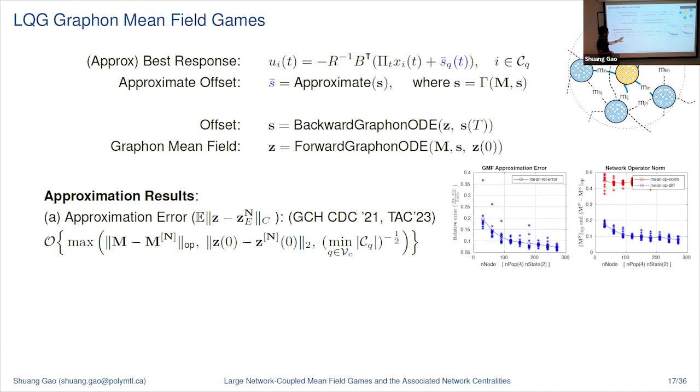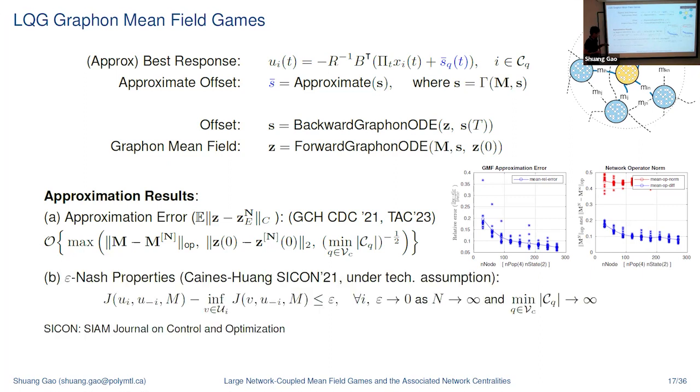The first term is the difference between the limit object, graphon, and the finite network in the operator norm. The second term is the difference between the initial conditions for the limit equation and the finite equation. And the last term is 1 over square root of the population size, the minimum population size. So here is an illustration. When you increase the number of nodes, you see a decrease of the approximation error.